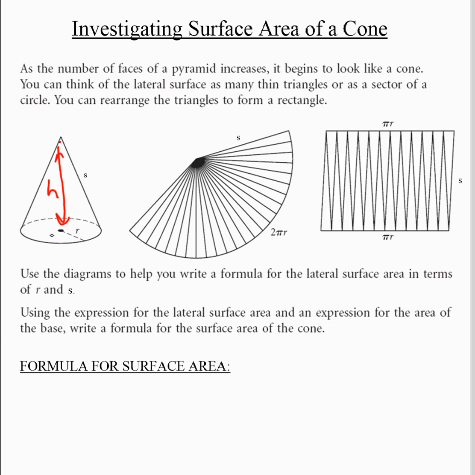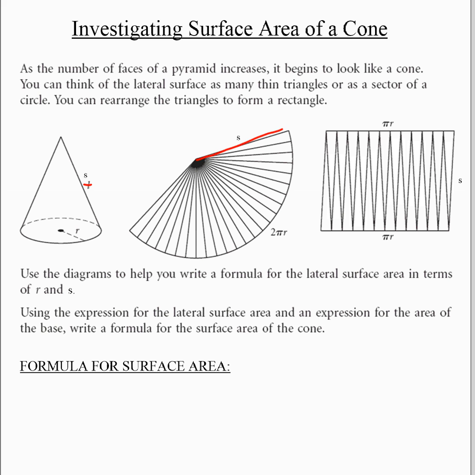The radius, you are all familiar with that. When we look at this portion of the circle, which as I explained is the lateral surface part of your cone, we're going to be looking at some labels on it. The radius of the lateral circle part is actually the slant height.